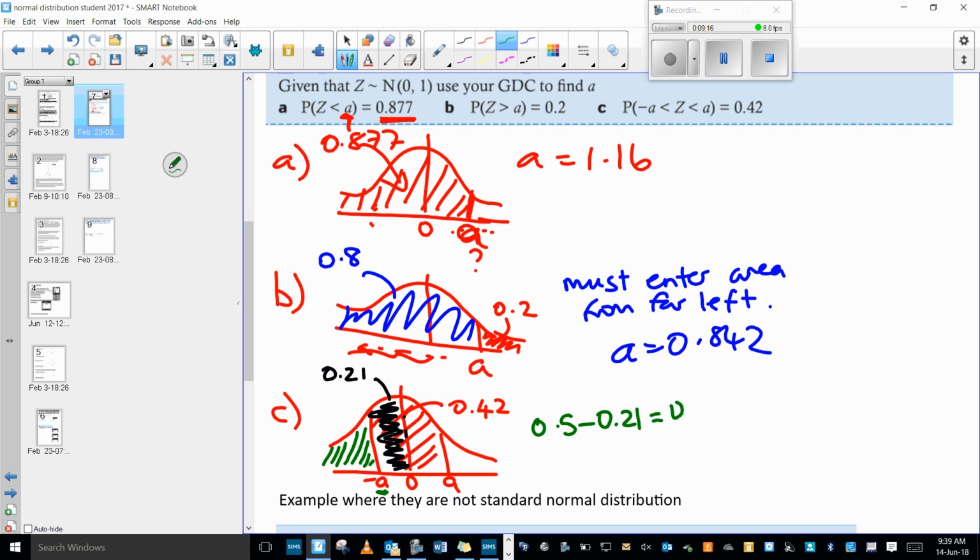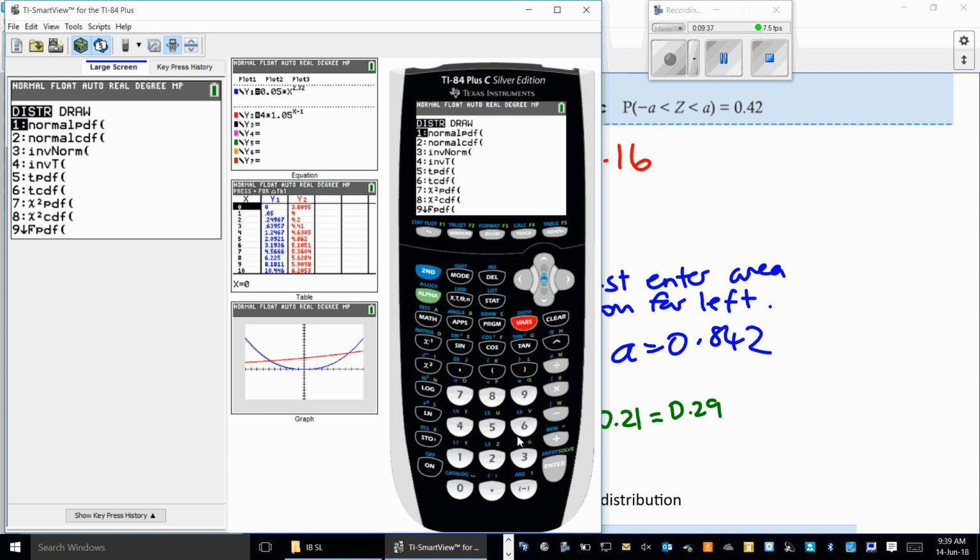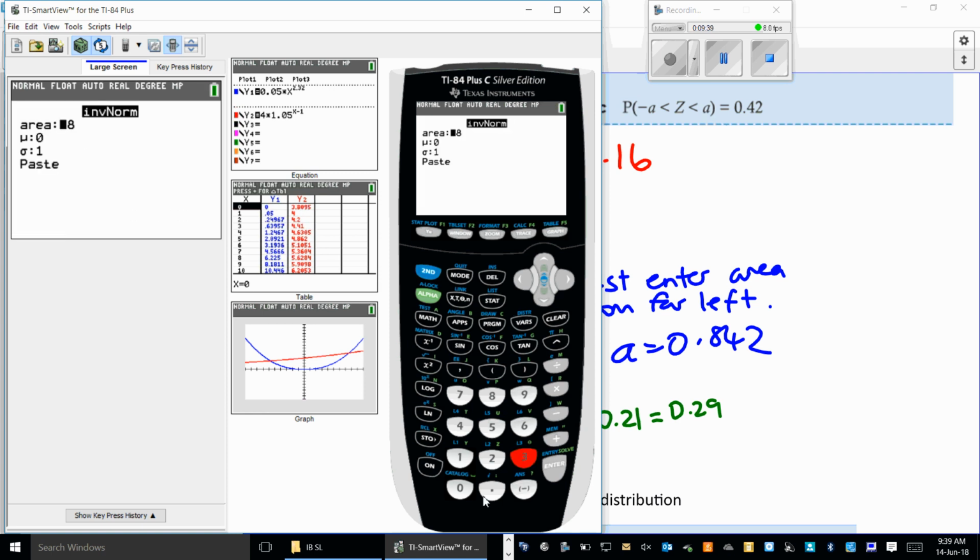Awesome. So we're now going to enter 0.29 into our calc. It's going to take a while. So, inverse normal, 0.29.